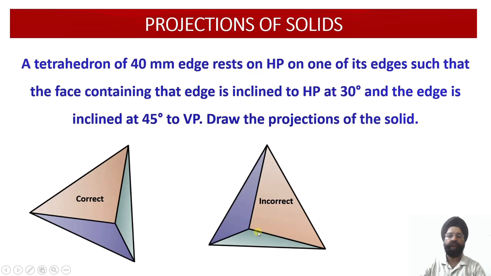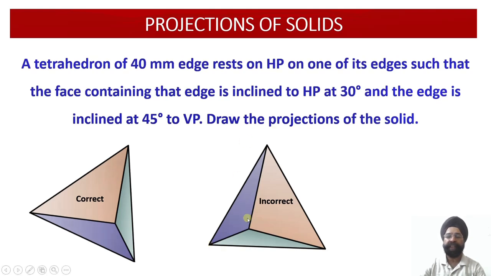If we locate the tetrahedron with respect to VP in this orientation, that is, one of the edges of the tetrahedron is parallel to the vertical plane, then if we tilt this tetrahedron at an angle of 30 degrees to the horizontal plane, it will be resting either on this corner on HP or on this corner on HP.